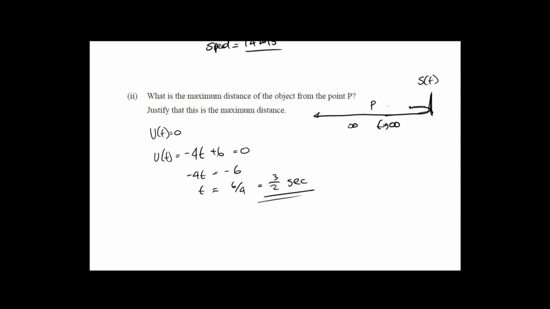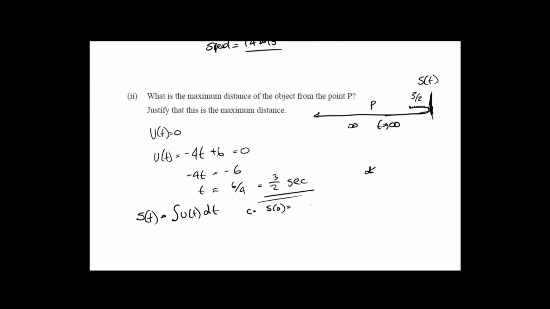Okay, so we know that after 3 over 2 seconds, it hits this local maxima and then comes back again. We're going to justify the distance in a second, but we need to find out what the displacement is. So displacement is s, because obviously d is taken in calculus. There's other reasons as well, but it's going to be the integral of velocity with respect to time, and the constant is going to be the initial condition.